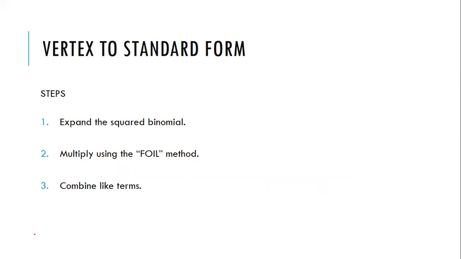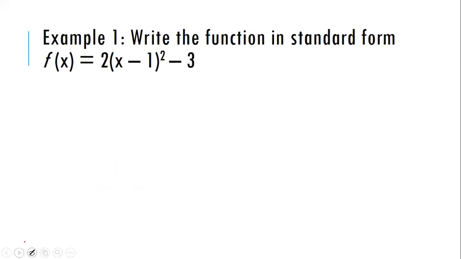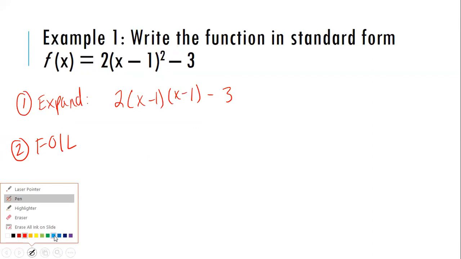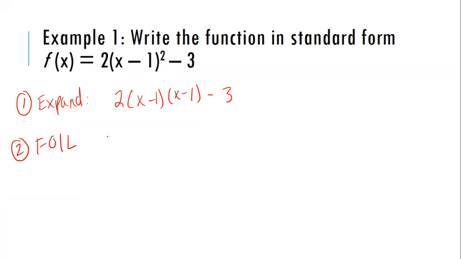Easy enough? Okay. So our example, f of x equals 2 times x minus 1 squared minus 3. So step 1 is to expand. So we have 2 times x minus 1 times x minus 1 minus 3. Step 2 is to FOIL. So I have this 2 is just there.